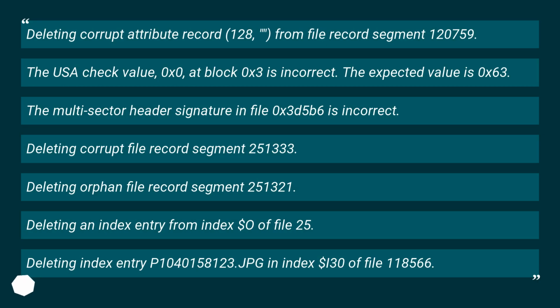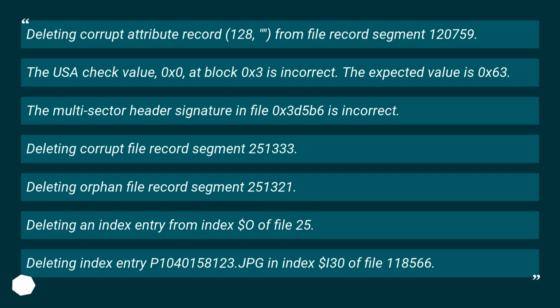Deleting corrupt attribute record 128 from file record segment 120,759. The USA check value 0x0 at block 0x3 is incorrect. The expected value is 0x63. The multi-sector header signature in file 0x3D5B6 is incorrect.